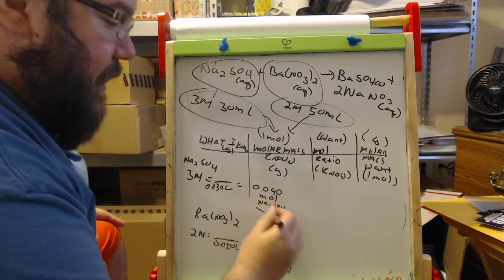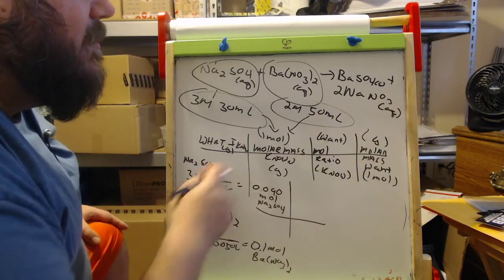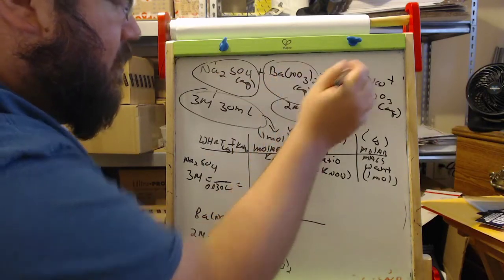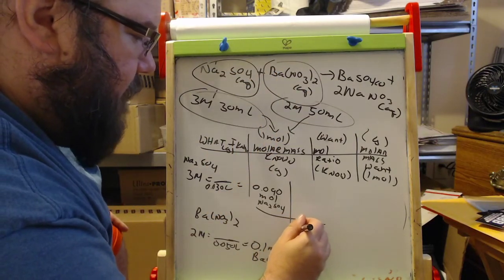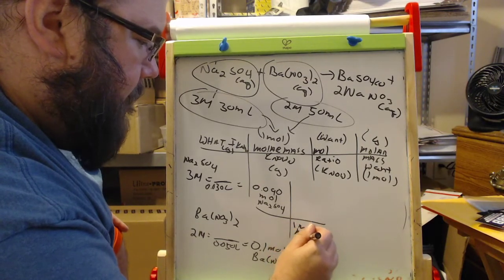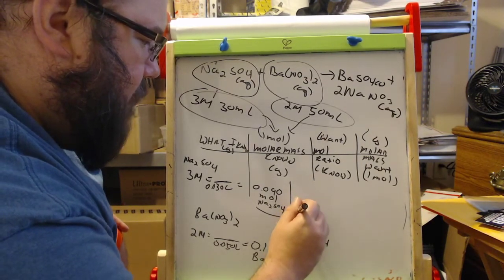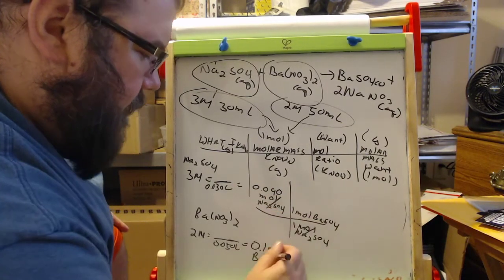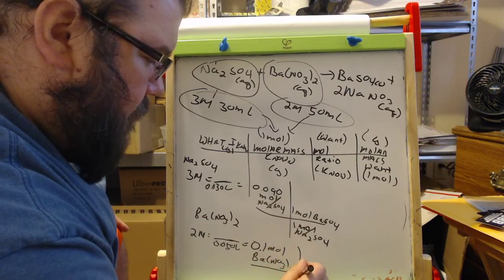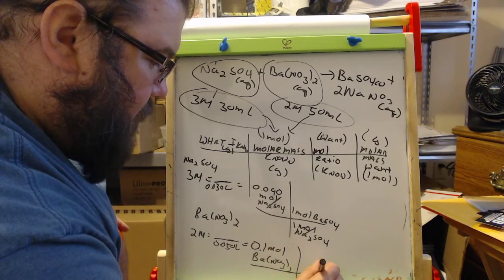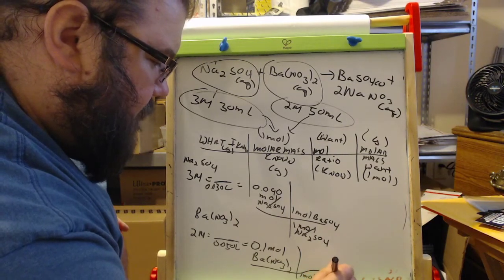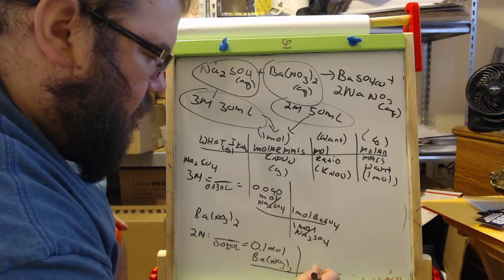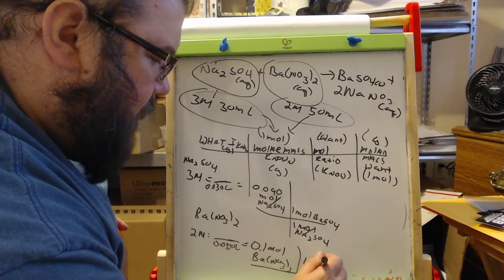To figure out my limiting reagent, I convert it to moles of product. Pick a product, doesn't matter. The relationship for each of them is either 1 to 2 or 1 to 1. So let's just say barium sulfate. For every 1 mole of sodium sulfate, I should get out 1 mole of barium sulfate. For every 1 mole of barium nitrate, I'm using my stoichiometric coefficients as the ratio, like the video I uploaded shows you. 1 mole of barium nitrate gives me 1 mole of barium sulfate.